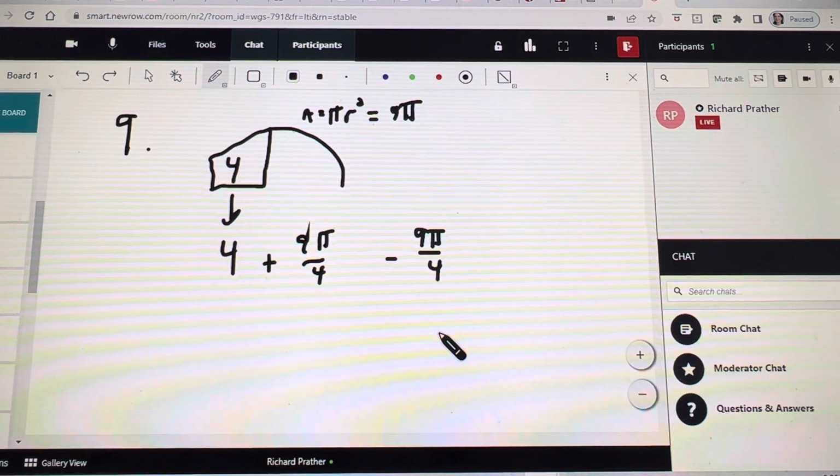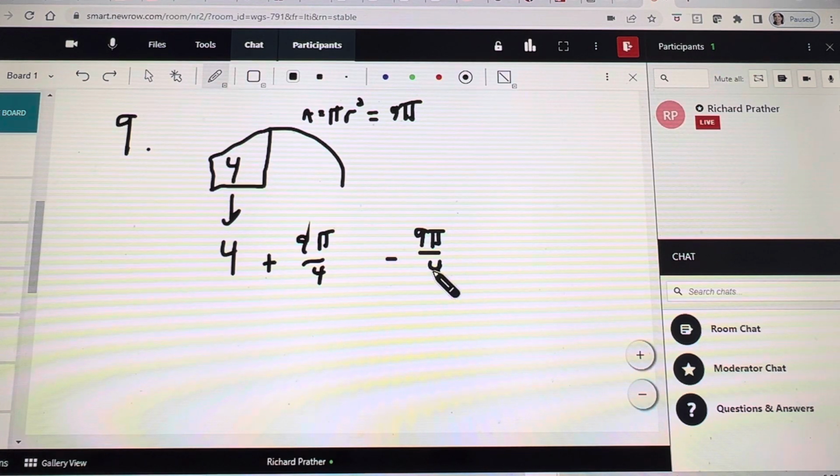If this was talking about area, then I would change this to positive. But since it's just an integral, then you don't change it to positive. And then this may be why they didn't say if they wanted a decimal or a fraction, is because this is going to cancel that.